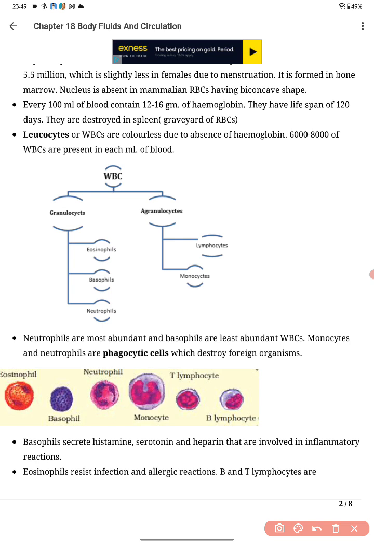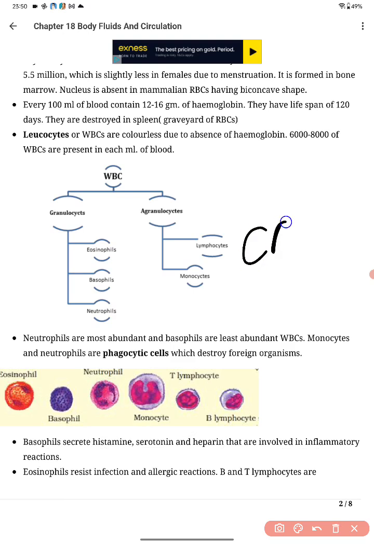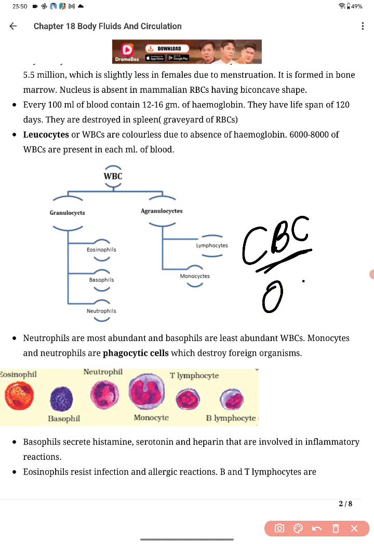Monocytes have a bean shaped nucleus. Now let's talk about each cell. Basophils secrete histamine, serotonin, and heparin, which are involved in inflammatory reactions. Basophils are least in number in our body. Whenever you give your test for CBC, complete blood count, you will see the basophil number is 0 because they are very minimal and not seen in the blood.